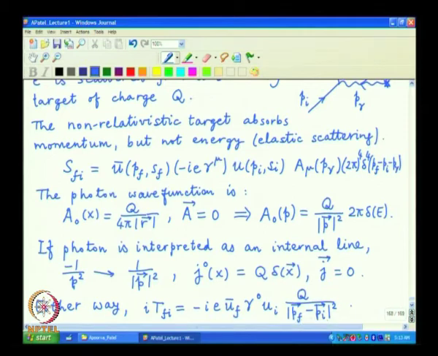So, this is an expression for the transition amplitude, and which now can be converted to the cross section.